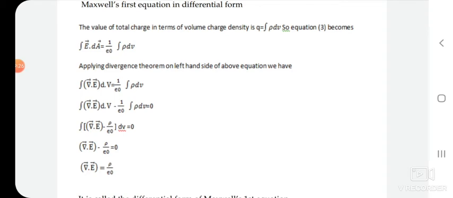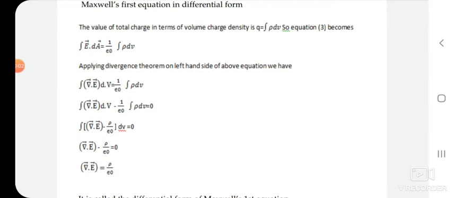Now, by using the divergence theorem on the left hand side of the equation, we can change this surface integral into a volume integral. E dot dA can be converted into del dot E dV. So the integral of del dot E dV is equal to 1 by epsilon naught times the integral of rho dV.